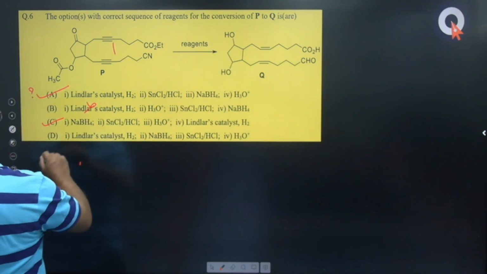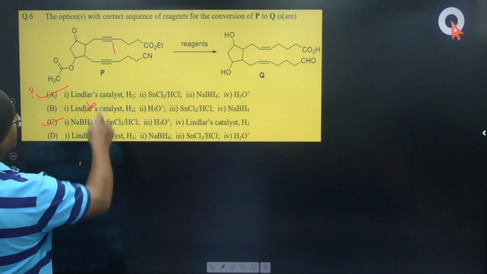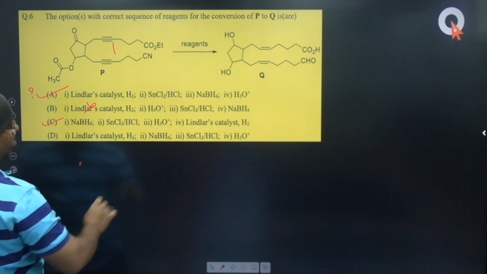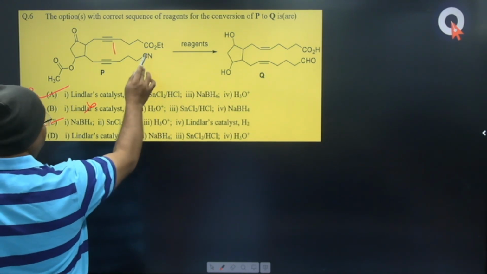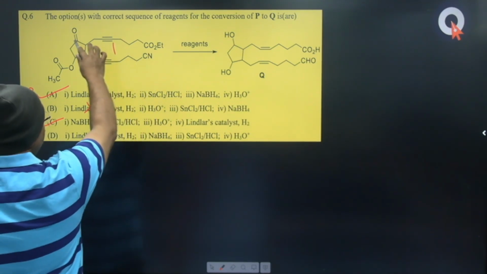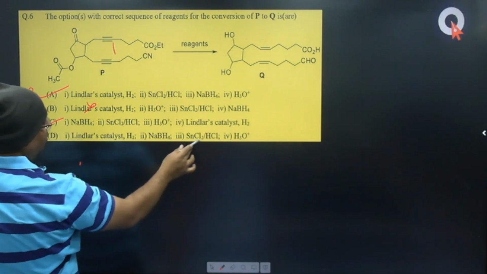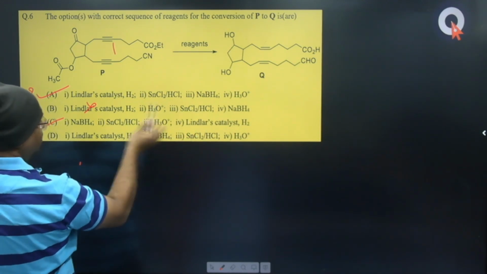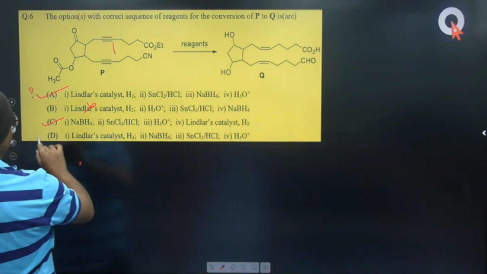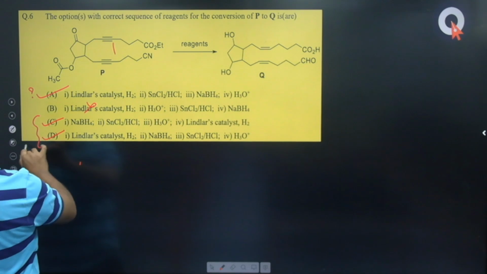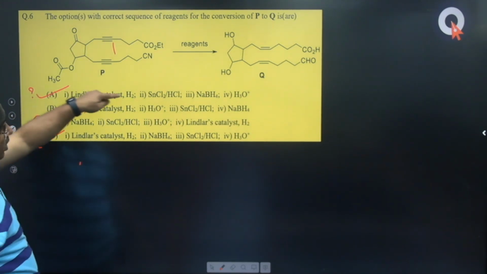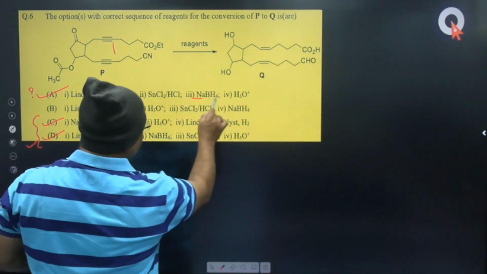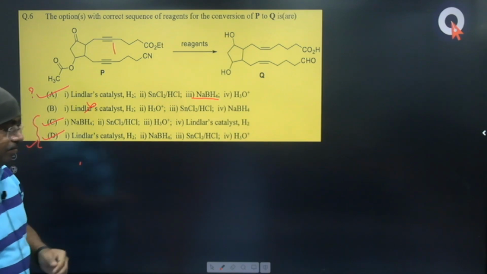So that can be done. Lindlar's catalyst, first triple bond into double bond. Sodium borohydride again first will convert this into alcohol. Same, just a small change. Lindlar's catalyst can be used later. So these two are always okay, no problem. This is a little bit doubtful case with the imine case with sodium borohydride. Okay.